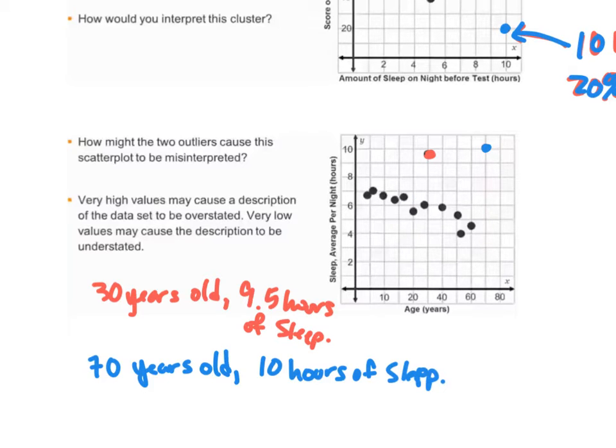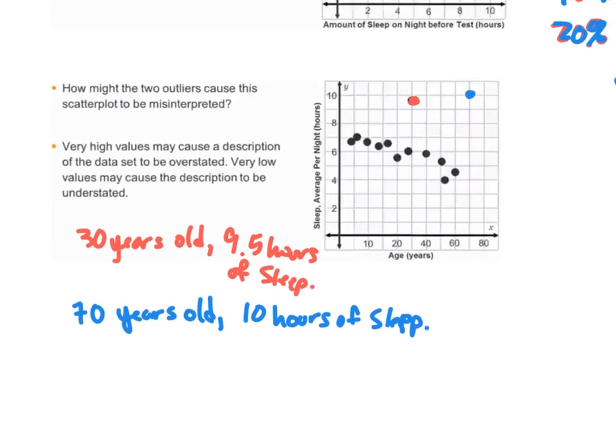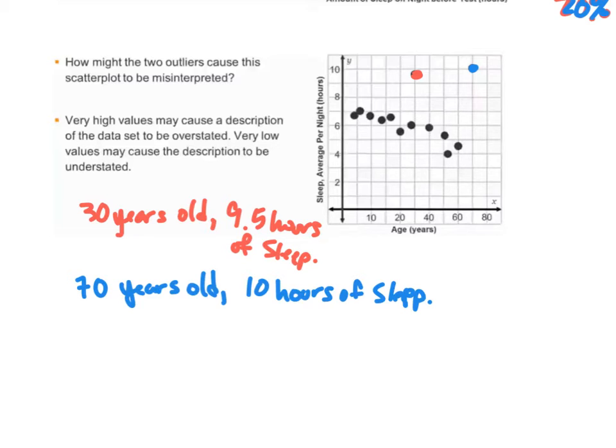The outliers can skew the data a little bit if we're talking about the averages, but if we're talking about the general trend of people, what we can say is, so the general trend, let's write that. Okay, and I'm going to draw in this line here in green.